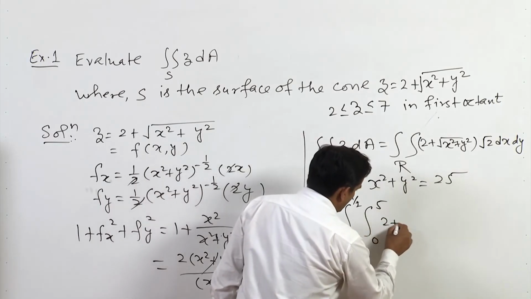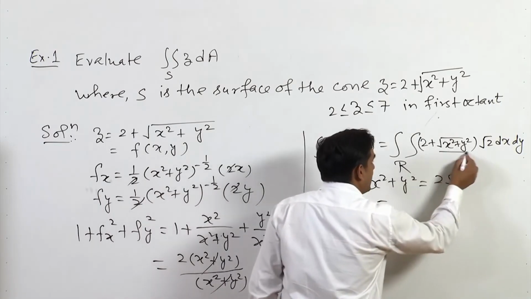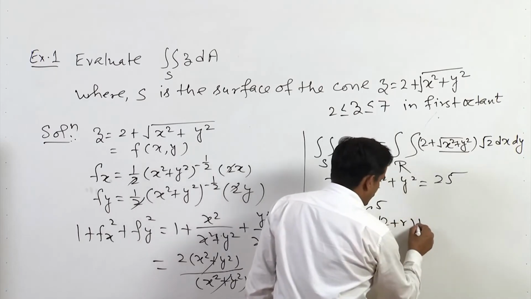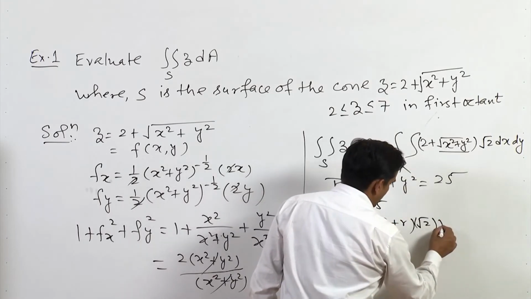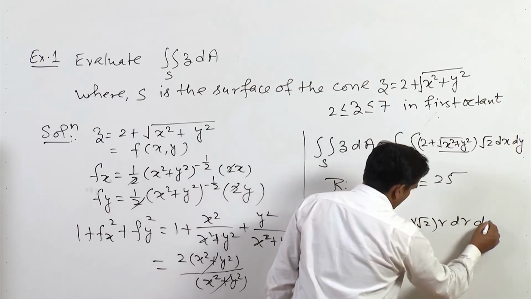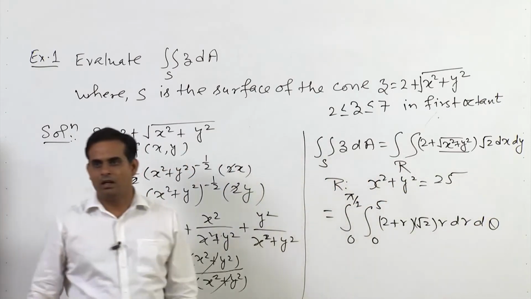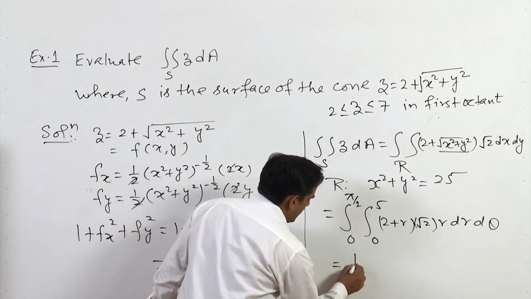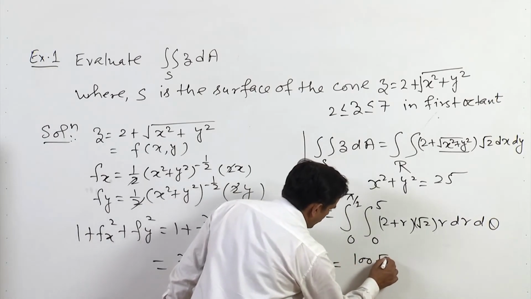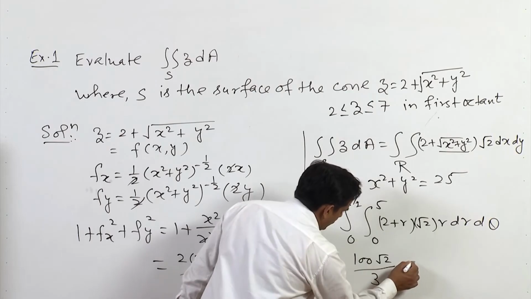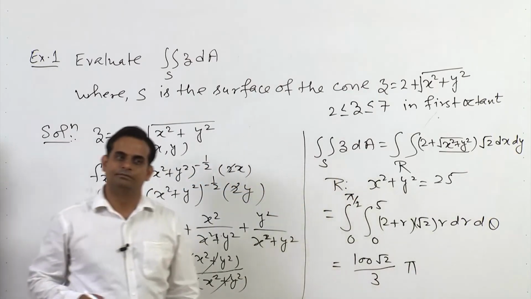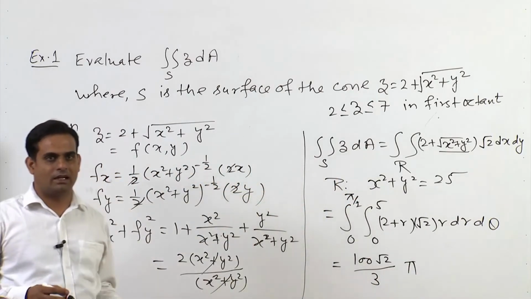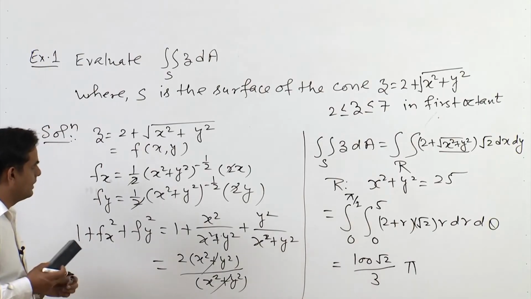So, 2 plus r, so this is my r, root 2 r dr d theta, and this integral we can solve quite easily. It becomes 100 root 2 upon 3 into pi. Okay. So, in this way we can calculate this particular integral.